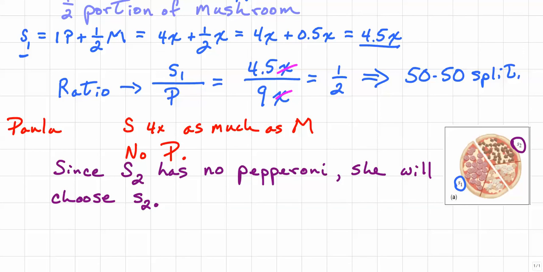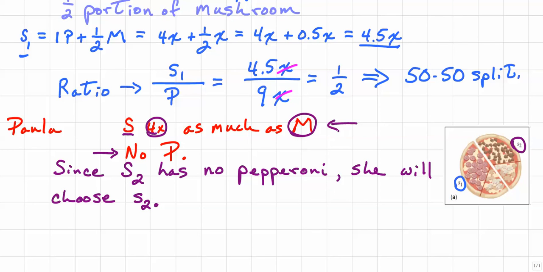For Paula's valuation, we're going to determine what the percentage value is. So instead of using x like we did for David, we're going to use y for Paula. We note that she does not like pepperoni, and she likes sausage 4 times as much as mushroom.